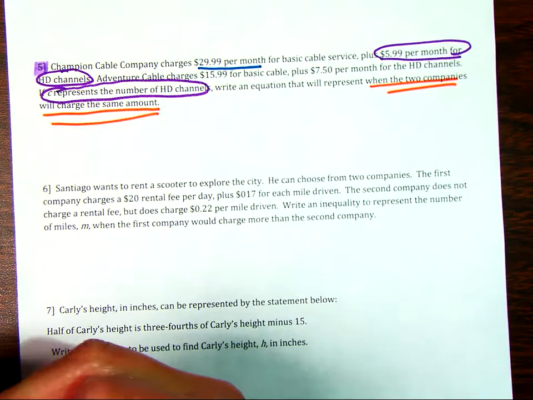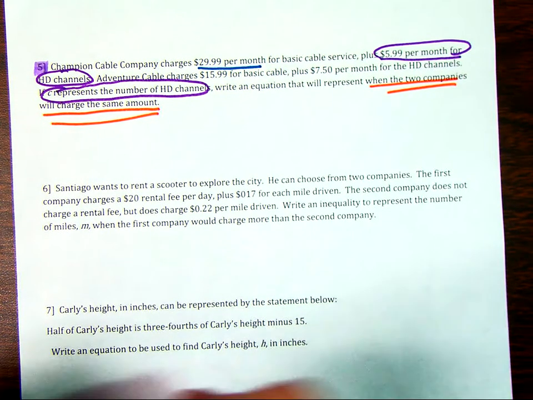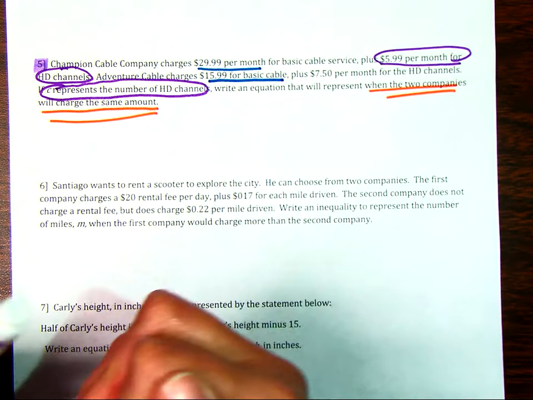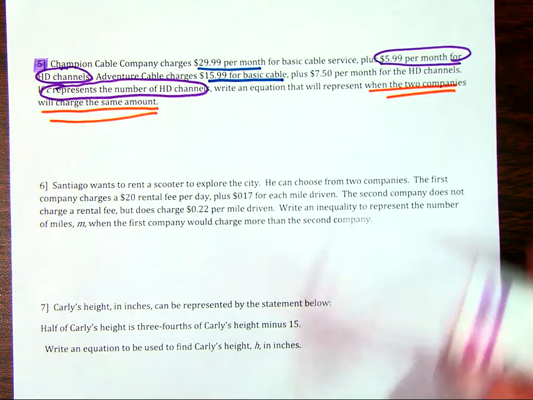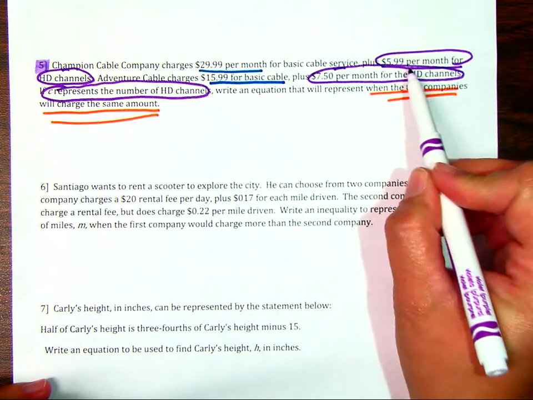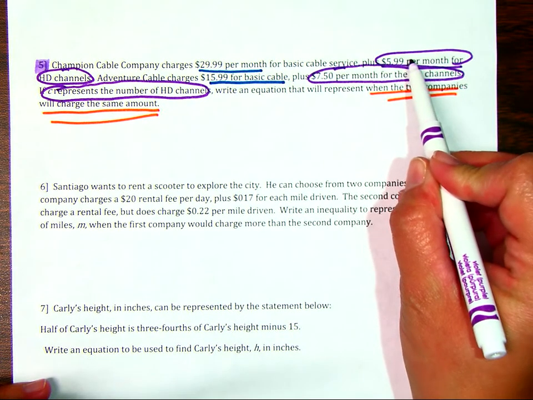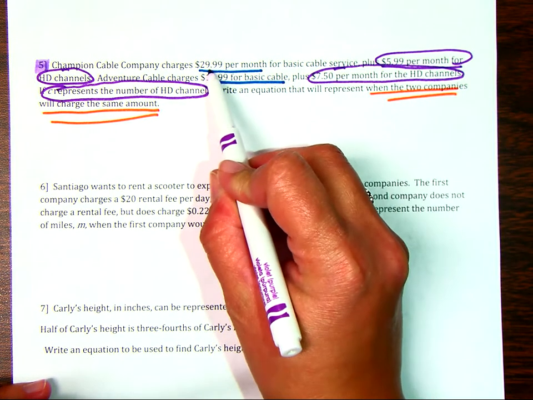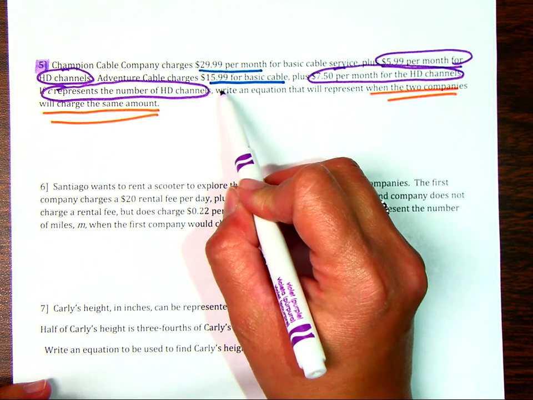Adventure Cable charges a flat rate of $15.99, so it's a little bit cheaper, and then $7.50 per month for the HD channels. So it's a little bit cheaper for the first company than the second company for the HD channels, but this one has a higher flat rate than this one. Flat rate means something you only pay once.